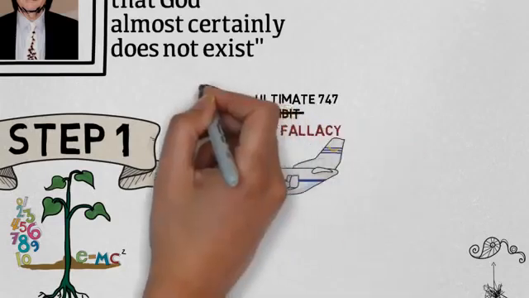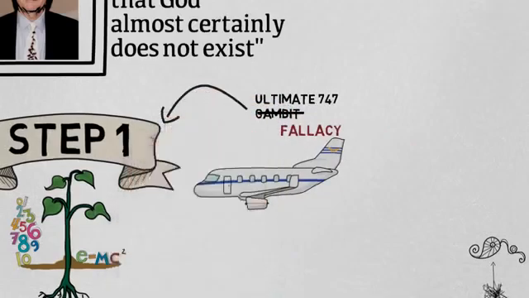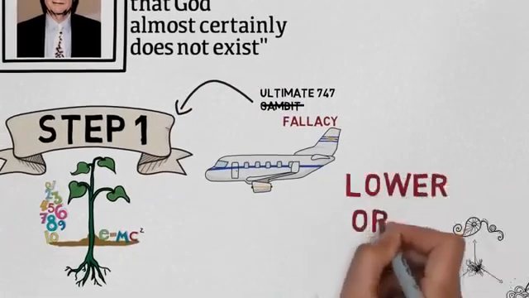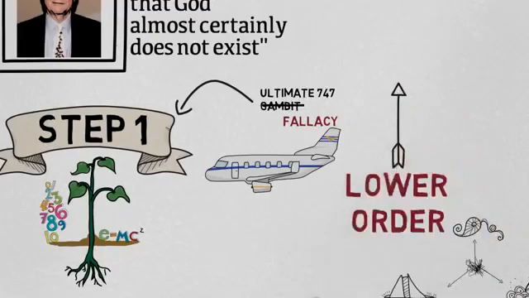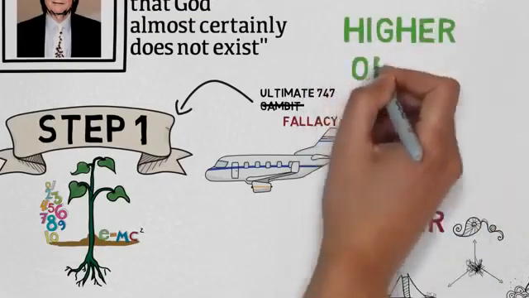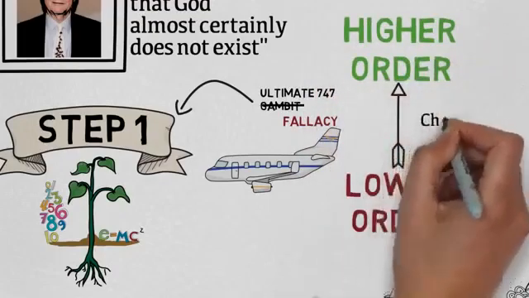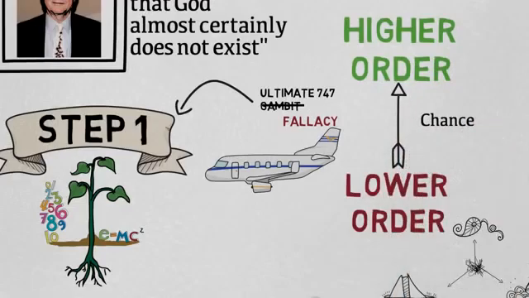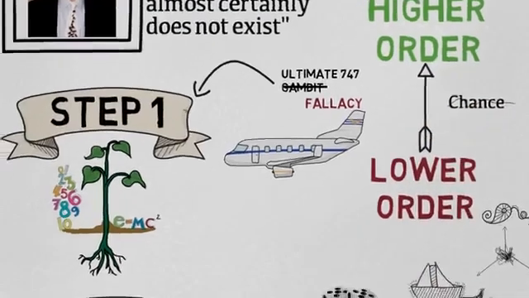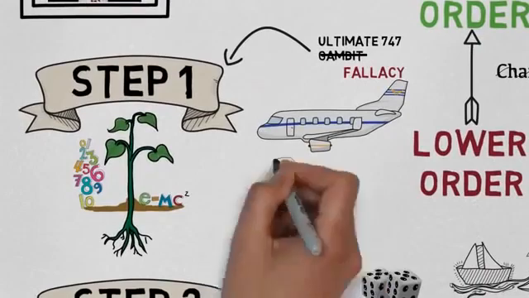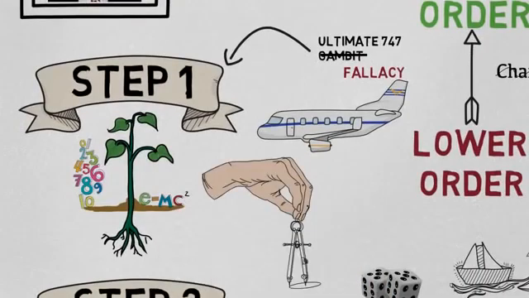In Step 1, he admits that the universe is highly ordered, and that humanity evolved from a much lower state of order to a much higher state of order. Chance, he agrees, is no explanation. But if we rule out chance, then design should be the only other alternative, and design needs a designer.